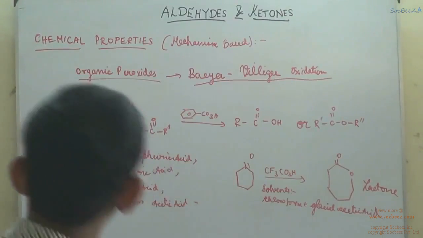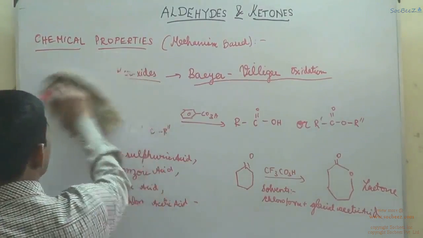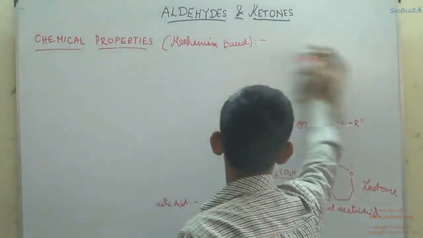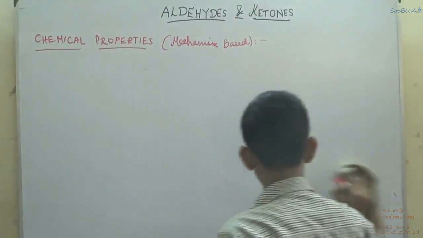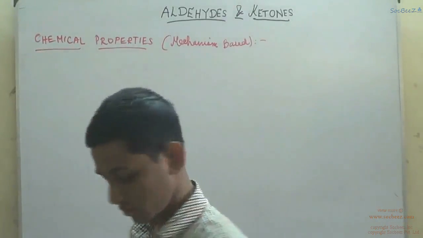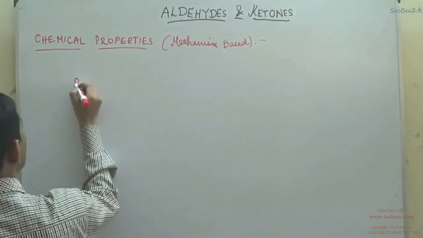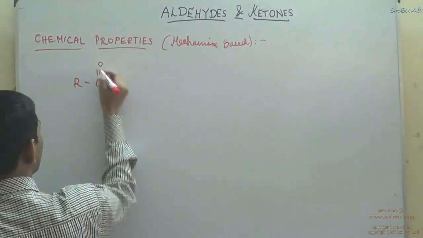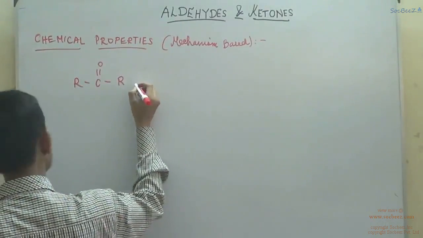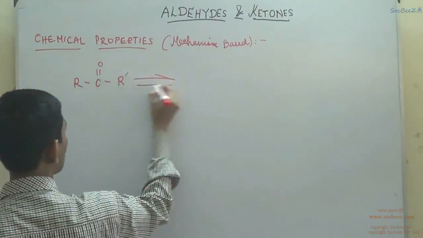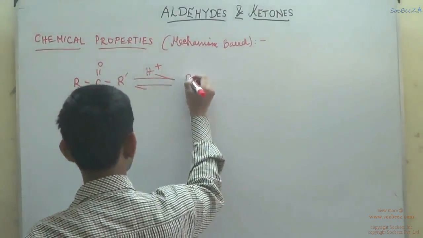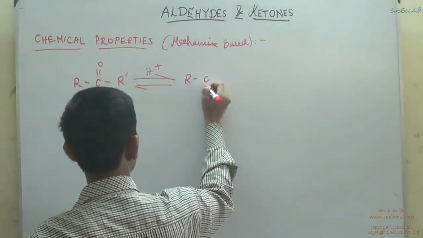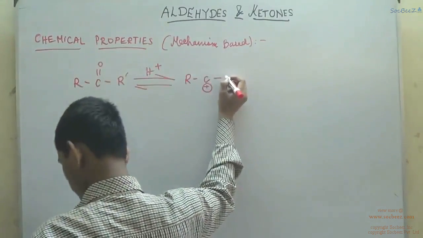Now let me discuss the mechanism and then we'll end oxidation reactions. This is Baeyer-Villiger oxidation. First, you can take an aldehyde or ketone, it is the same. First, protonation of the peracid. The peracid releases the hydrogen atom.